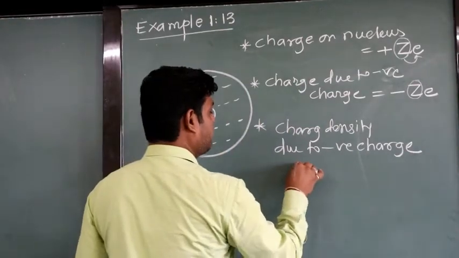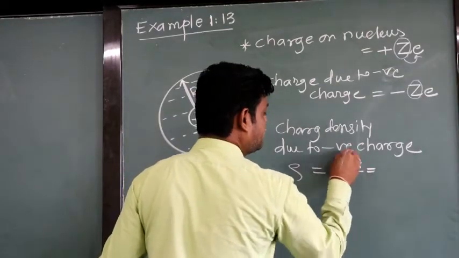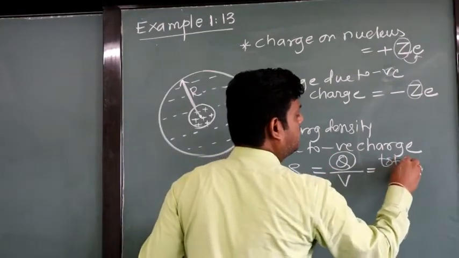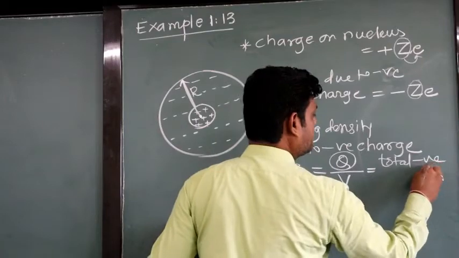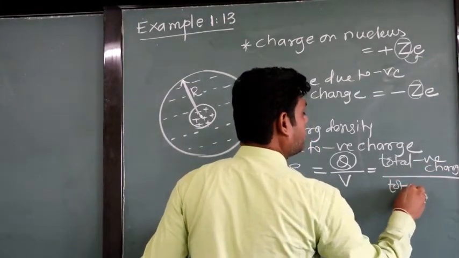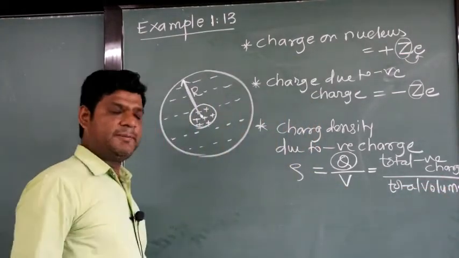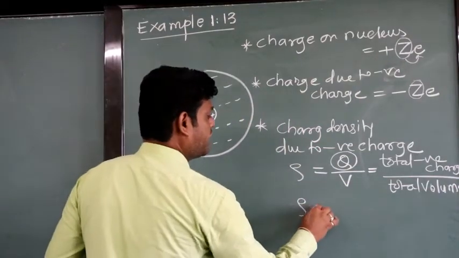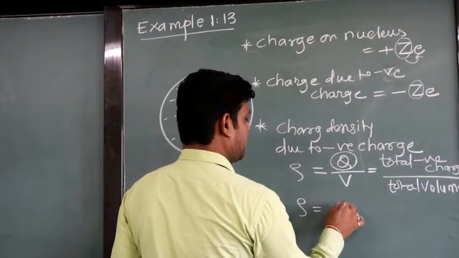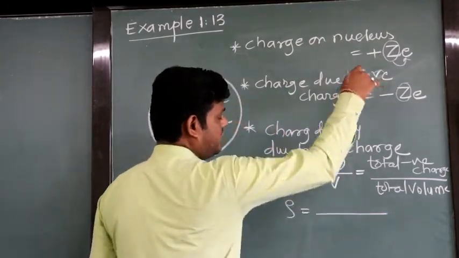Charge density is denoted by the letter rho. It is charge by volume. What is the charge? Total negative charge Q divided by total volume. So rho equals total charge, the negative charge. How many charges are there?